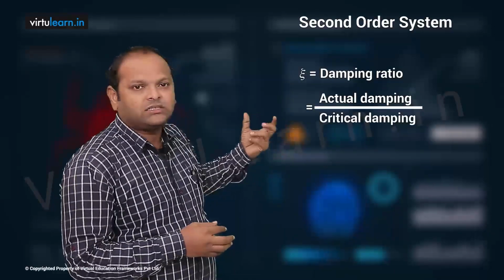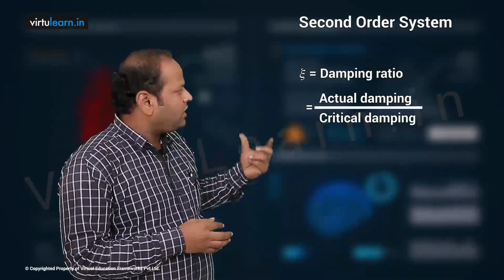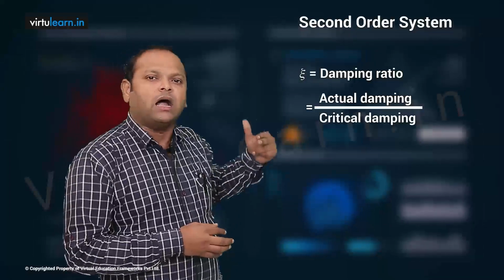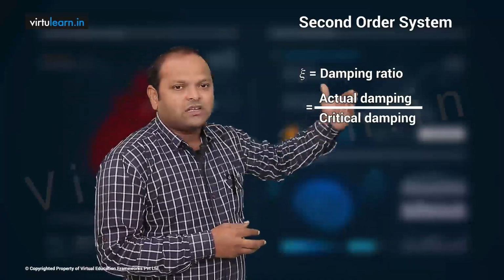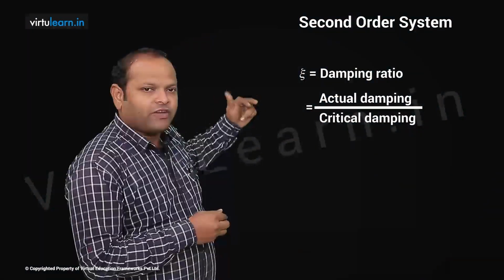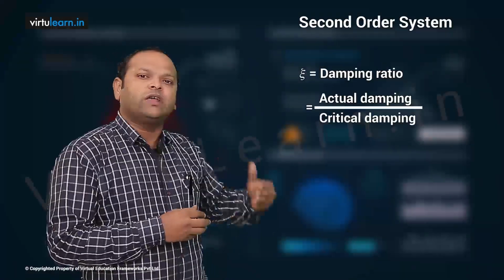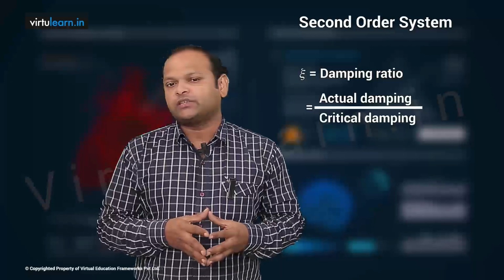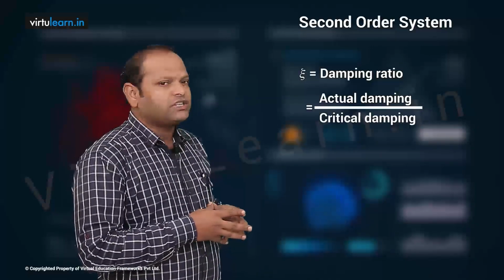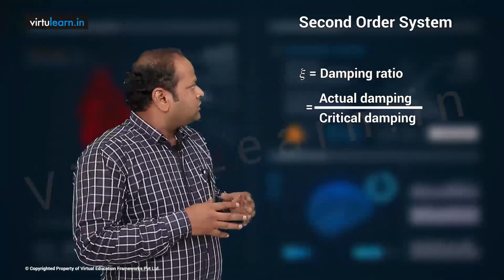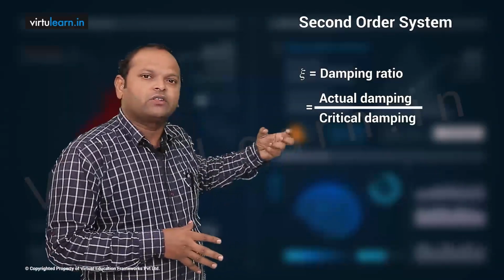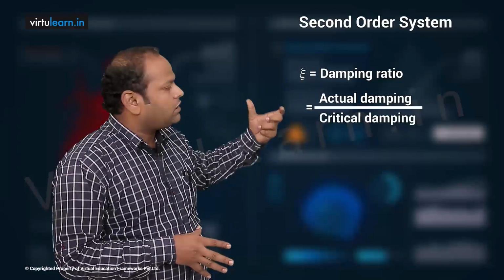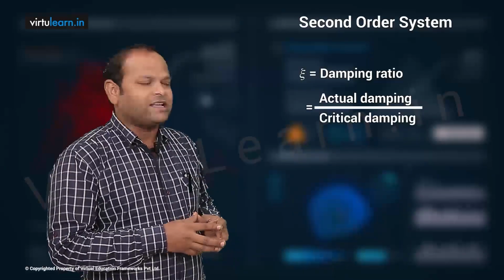Similarly, another term is omega n, called the undamped natural frequency, and the units are radian per second. Both are very important terms for any physical system, damping ratio as well as undamped natural frequency. With this characteristic equation, we can find out the poles or the root locations on the s plane.